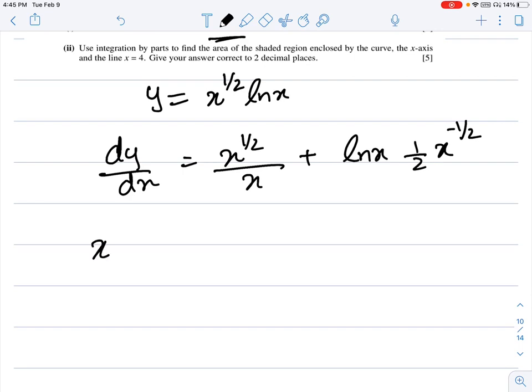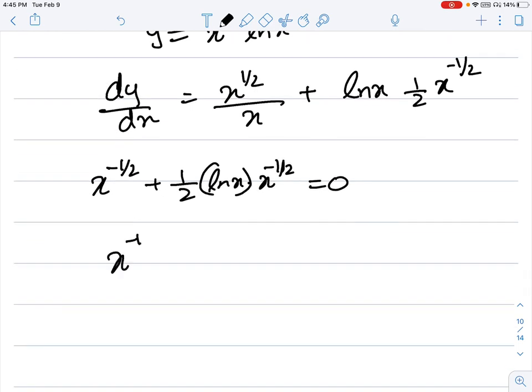So x power minus 1 upon 2 plus 1 upon 2 ln x times x power minus 1 upon 2 is equal to 0. So I can take x power minus 1 upon 2 common: 1 plus ln x by 2 is equal to 0.